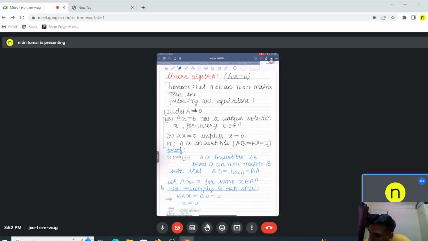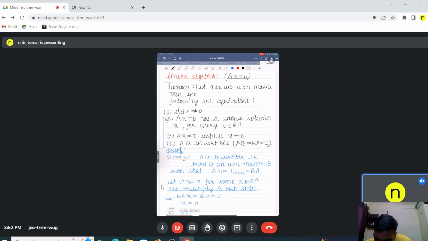If the columns are linearly independent, column or row, it doesn't matter. You can always make columns into rows via transpose, right? And transpose does not change the invertibility. Is this clear, what I'm trying to say?